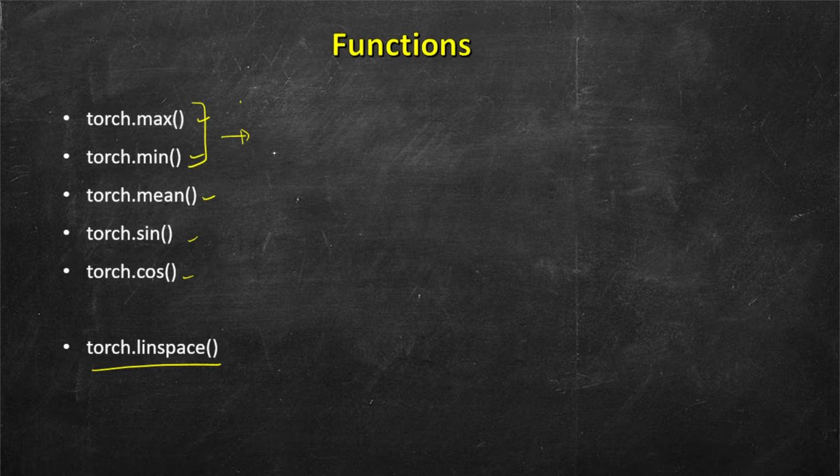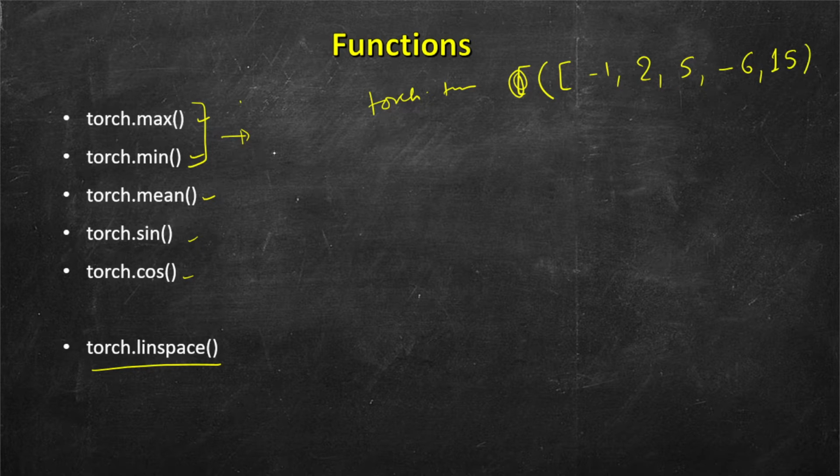So let's say we have a torch tensor which has elements, let's say -1, 2, 5, -6, 15, and this tensor is t. So if you do max of this t, then the maximum value here is 15.